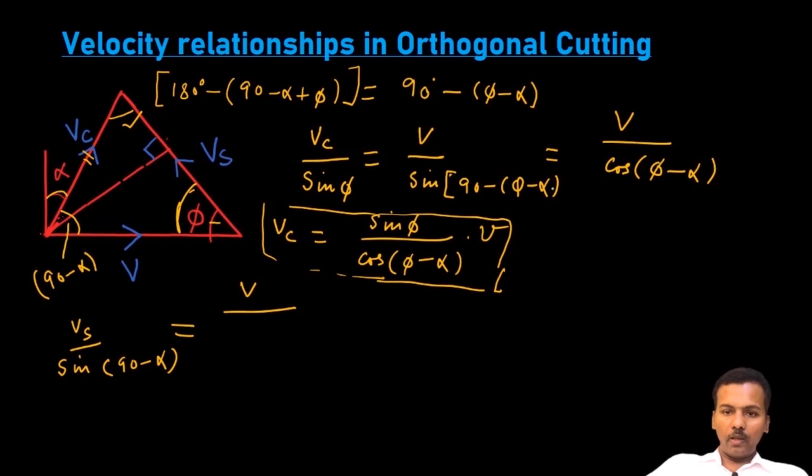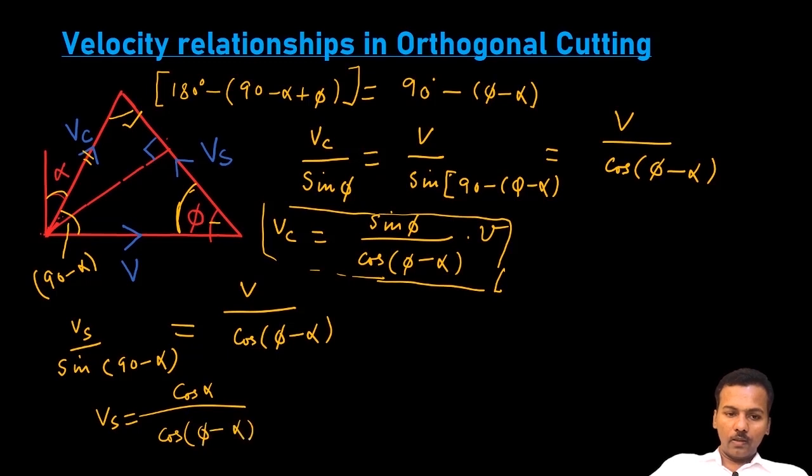So we can write V upon cos phi minus alpha. So from this equation we get Vs equal to, sine 90 minus alpha means cos alpha, so cos alpha upon cos phi minus alpha into V.